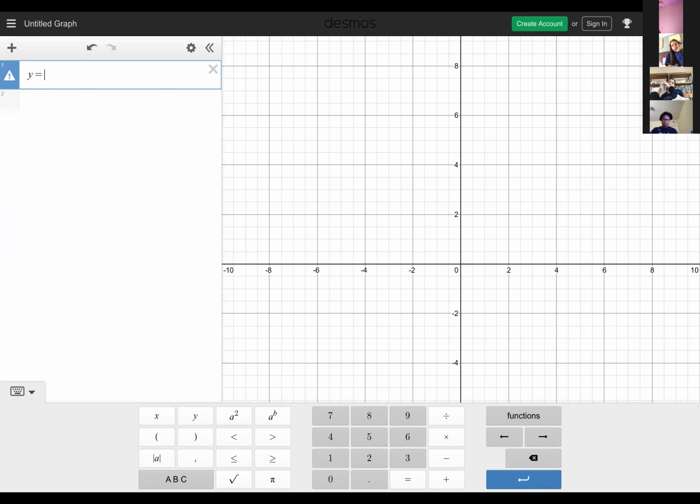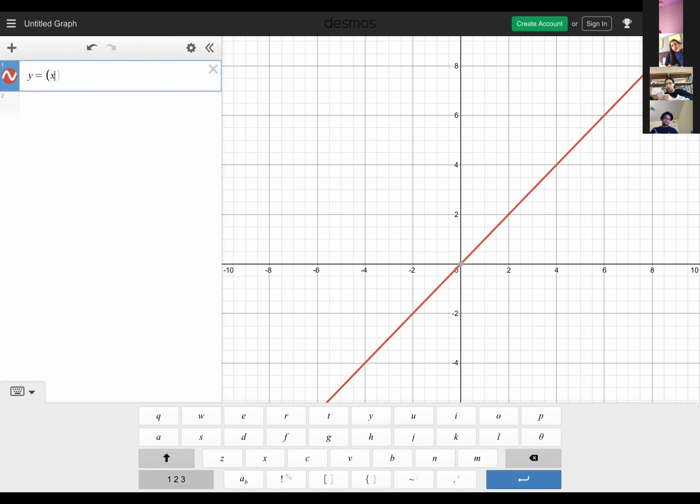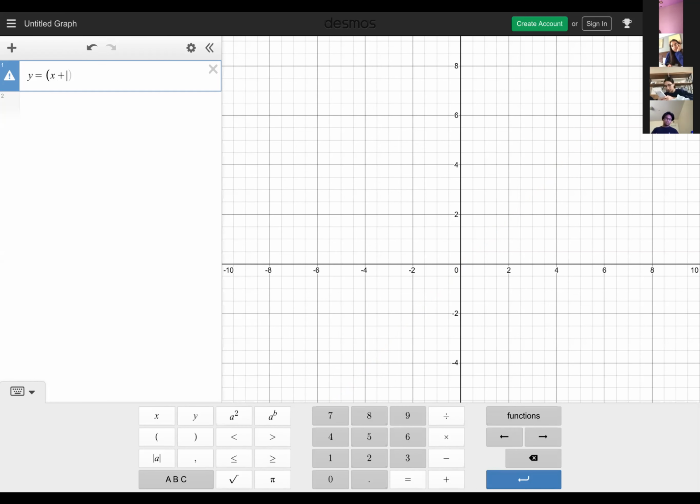Okay, so the last one we did was y equals (x plus 2) squared. What about now?